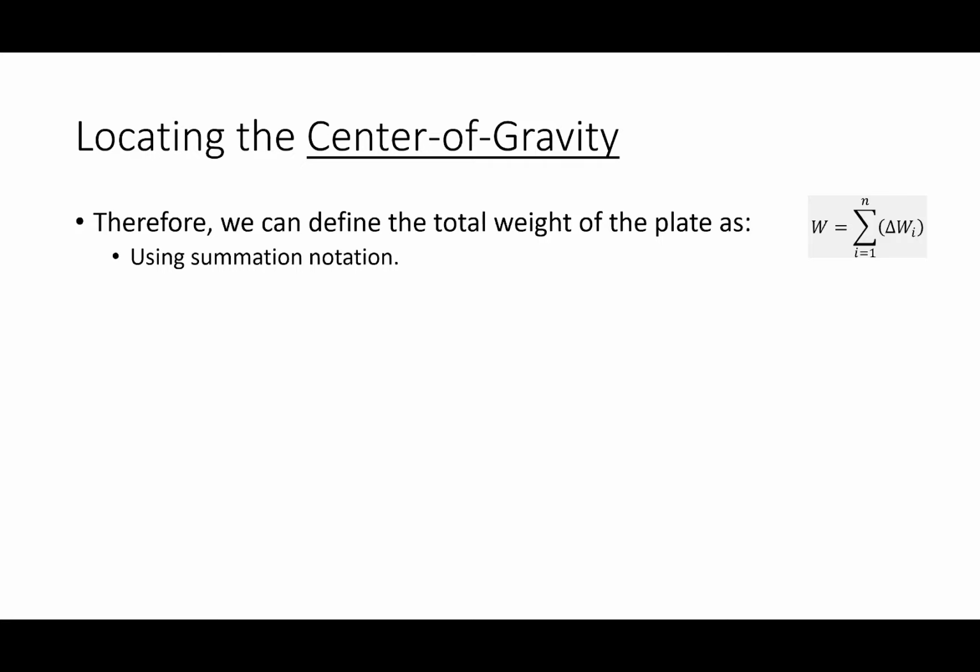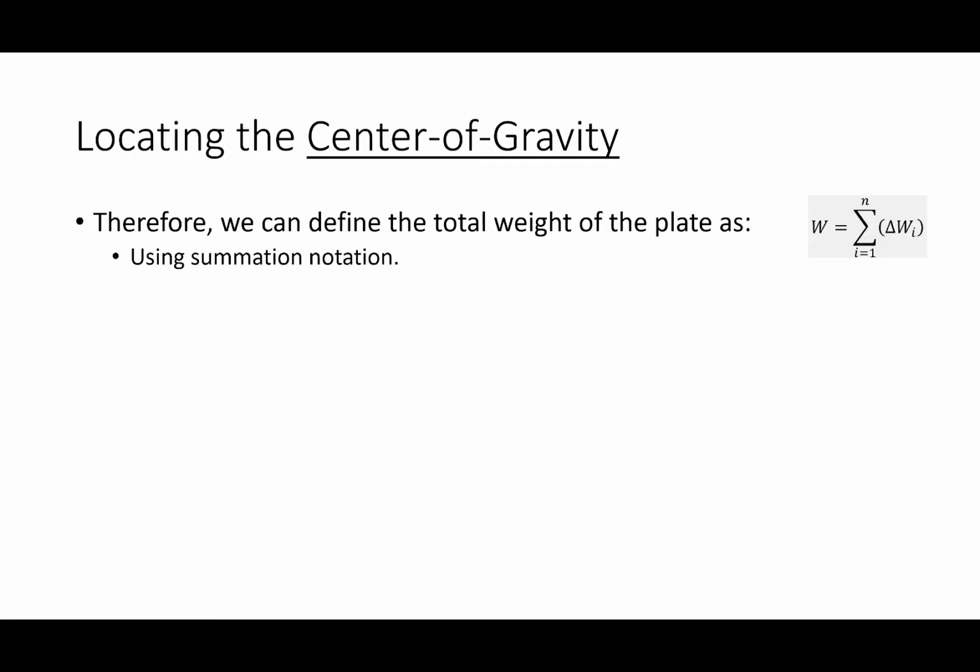So far, so good? Now, here's what I'd really like to do. You all know by now that if you want to start writing forces and moments and doing cross products and all that hullabaloo, you need to figure out where this point is. What do I mean by this point? I want to be able to put my total weight right here, and I need to figure out where to put it.